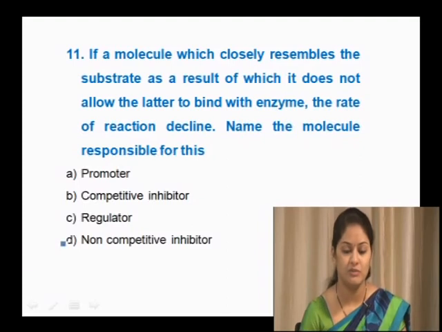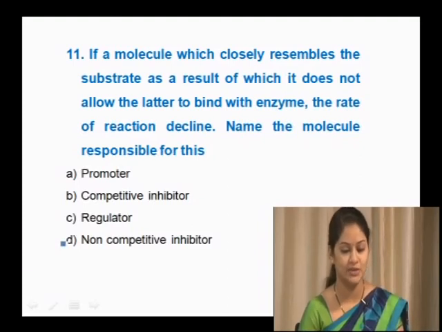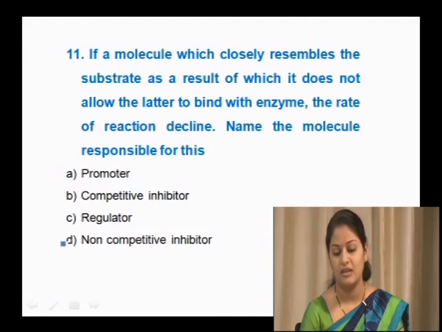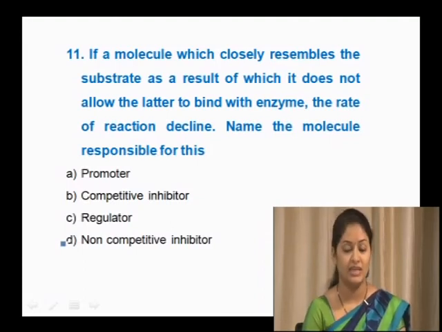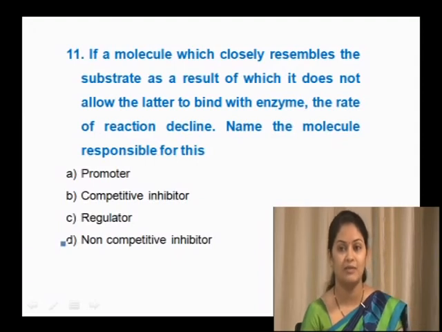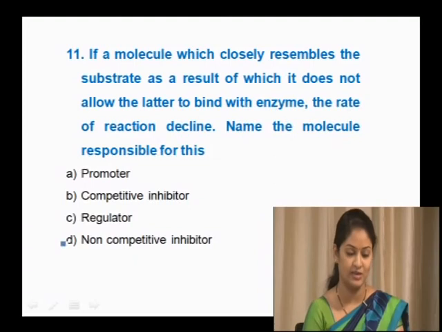If a molecule which closely resembles the substrate, as a result of which it does not allow the latter to bind with the enzyme, the rate of reaction declines. Name the molecule responsible for this. Okay, in this question we are discussing one more factor which affects the rate of enzymatic reaction.